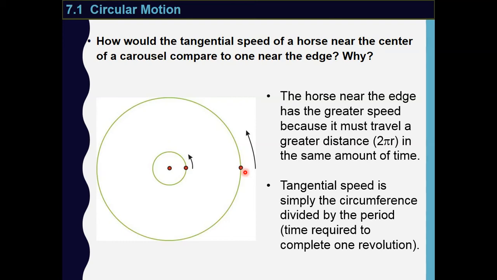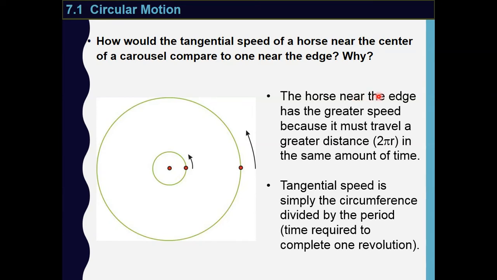So that's why I said before that whenever the radius increases, whenever the distance from the center to the object increases, the speed will for sure increase also, because when the radius increases, the circumference, or the distance covered by the object, will increase. So whenever you go farther from the center, you cover more distance in a circular motion. More distance gives you more speed.